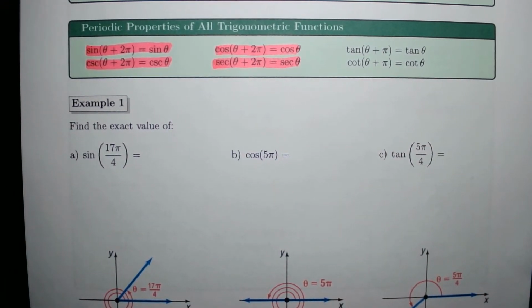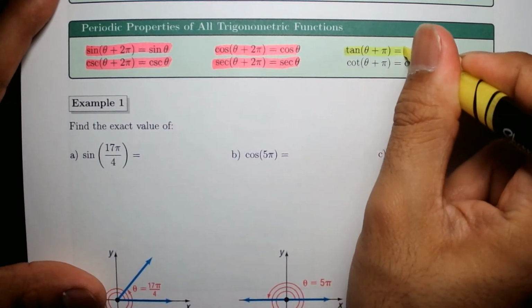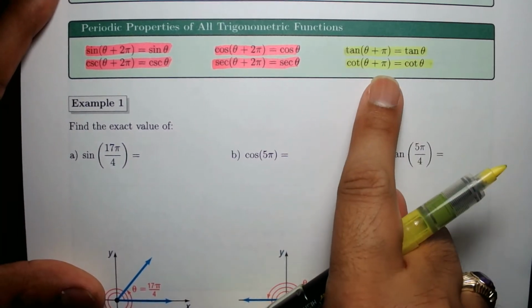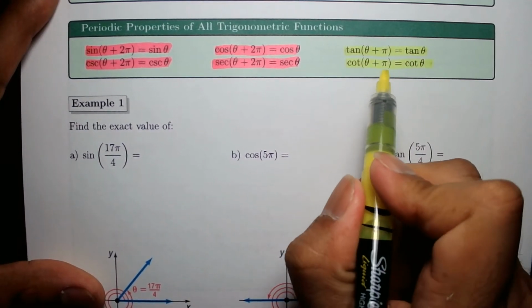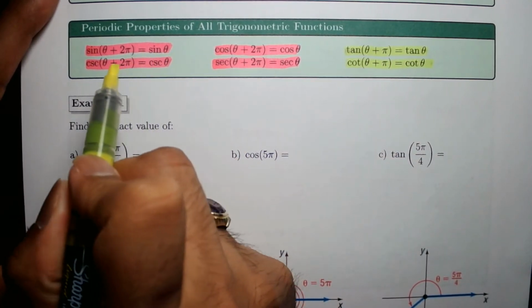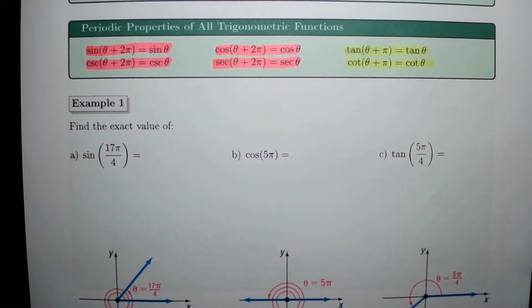On the other hand, tangent has a different period, and later we will have a better picture of why the period of the tangent function is pi, as opposed to the other four functions whose period is 2 pi.